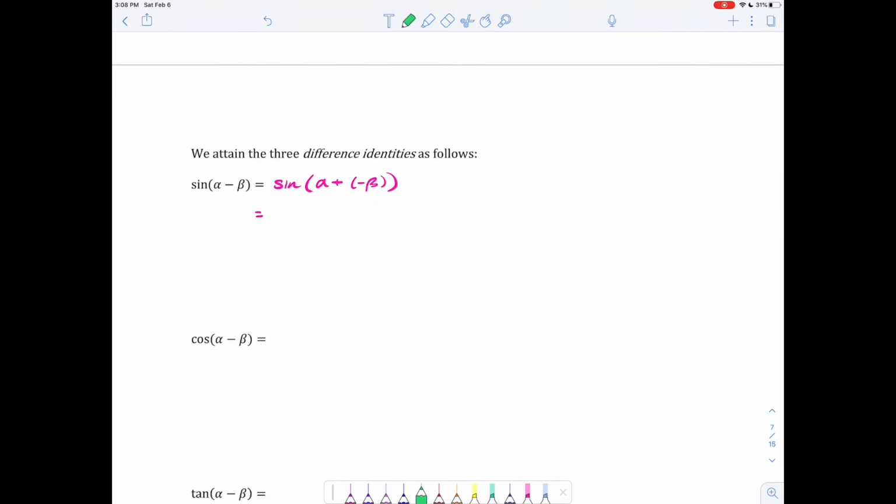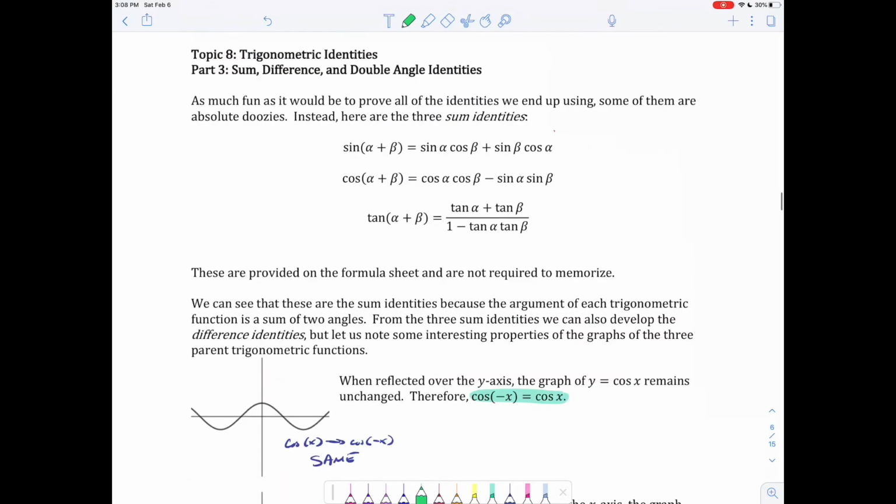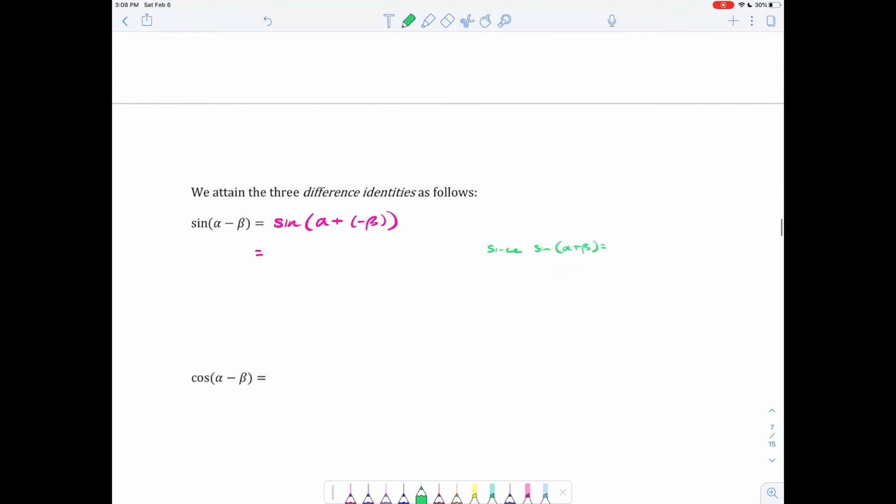And then we'll phrase it as something, since the sine of alpha plus beta is, what was it up here? Sine alpha cos beta plus sine beta cos alpha, or something like that.